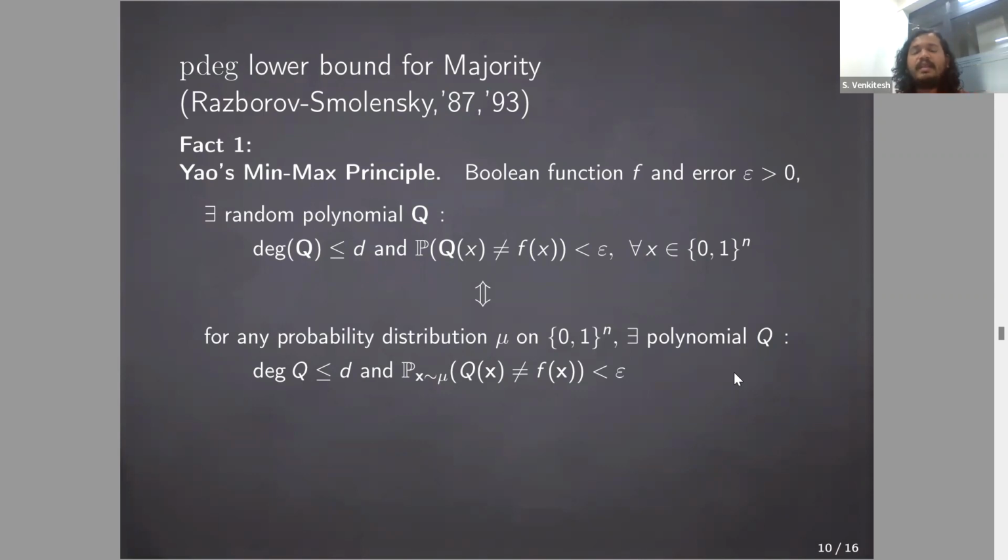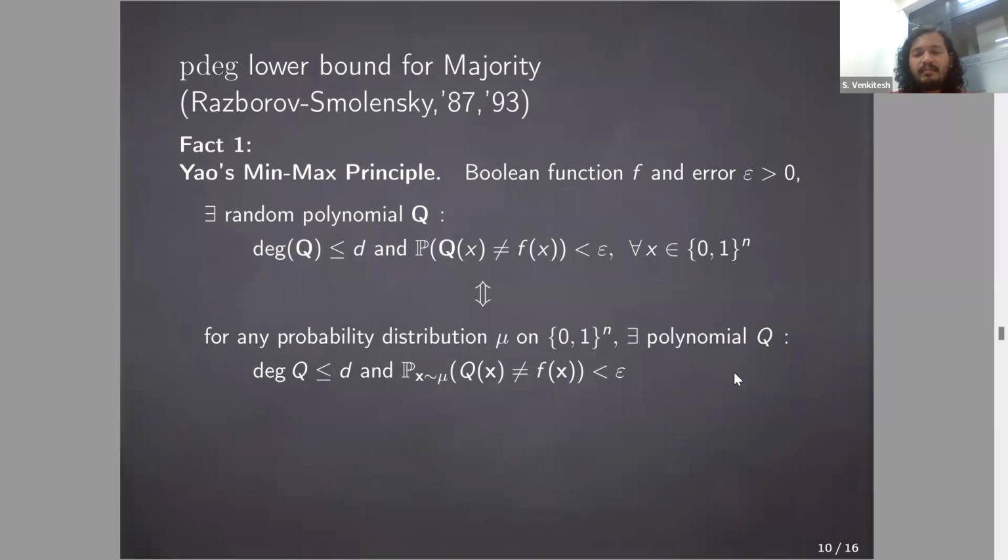On one hand, you're saying that here is a collection of polynomials which agrees with the function with high probability at every input. That is equivalent to the statement that for any probability distribution on the inputs, you can choose a polynomial with the same degree bound that agrees with the function at most points, in the sense of the randomness coming from the choice of the input.